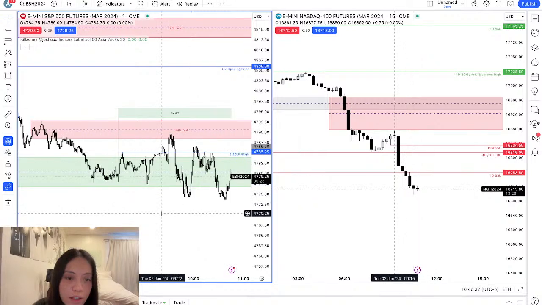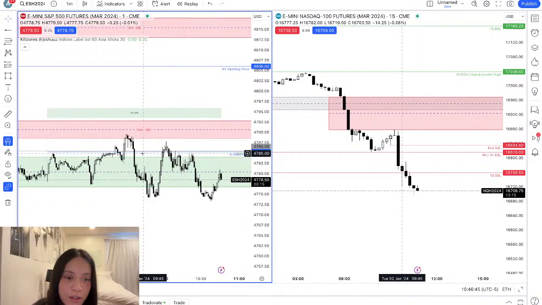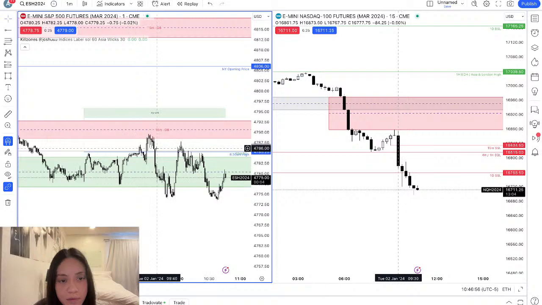So looking at the 1 minute, it's been pretty choppy, but I guess this one, if you joined in this fair value gap and then took that down to these lows, that would have been good.